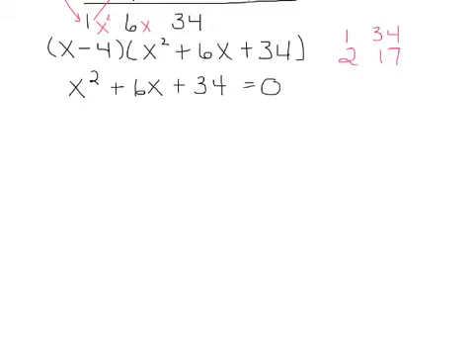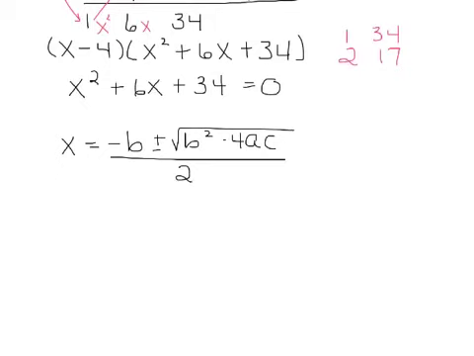But we're going to take the x squared plus 6x plus 34, set it equal to 0, and use the quadratic formula. So just to have it in front of us, x equals the opposite of b, plus or minus square root of b squared minus 4ac, all over 2a. And for our problem, a is the assumed coefficient of 1 on the x squared, b is the positive 6, coefficient of the x, and c is the positive 34.